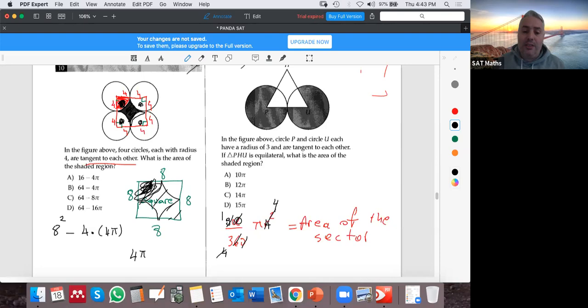I calculated this one, which is 4 pi, but I have 4 of them. So from the total area, if I subtract this, the result, which is my question, comes out. So it will be 64 minus 16 pi. Do I have it? Yeah, it is here. Okay. Check it one more time by yourself. If you have any question, tell me.